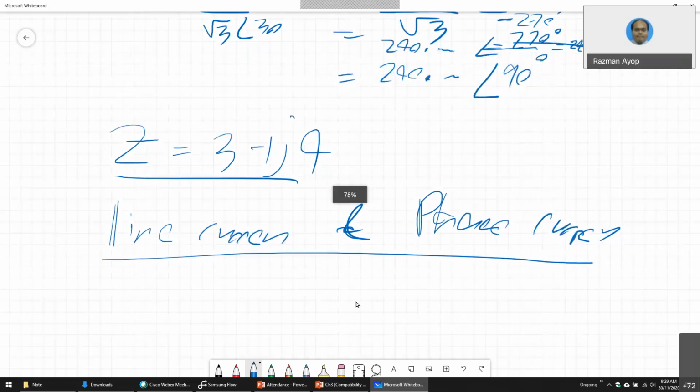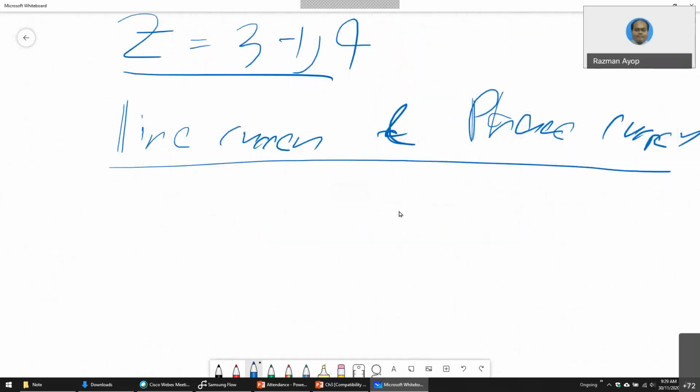So basically, remember the formula, you have to use phase. I phase is equal to V phase divided by Z. You already calculated V phase, so you use one of the phases.